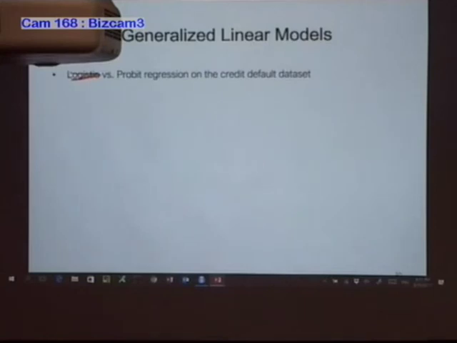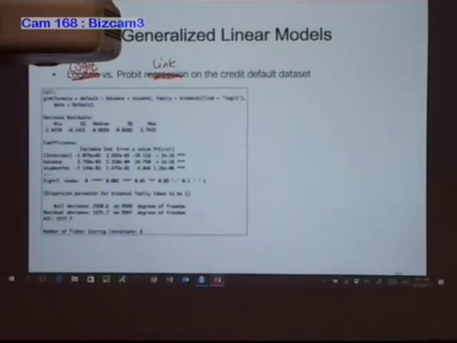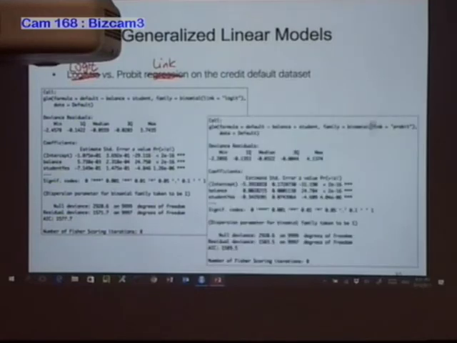This is logit. Logit versus probit link. Earlier we have been doing this using logistic regression. We have the binomial family and we have been using the logit link. If you want, you can just replace that with probit. It doesn't change too much.